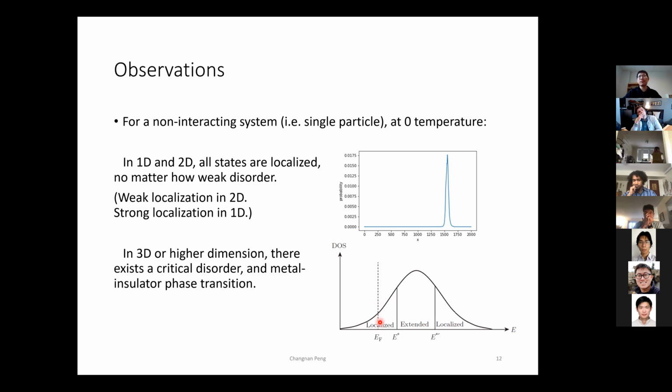But if we decrease our disorder, the extended states get broadened, and when the mobility edge, which is the edge between the localized states and the extended states, passes this Fermi level, then at the Fermi level the states are extended. They have finite diffusion constants again. Then we enter the metal phase. So this can be a possible source of the metal-insulator phase transition.